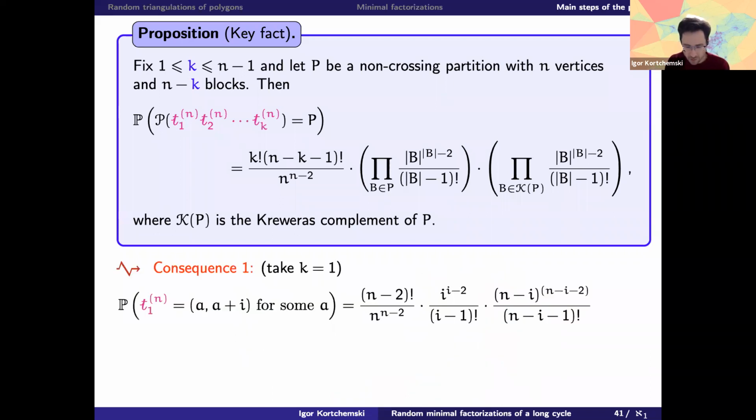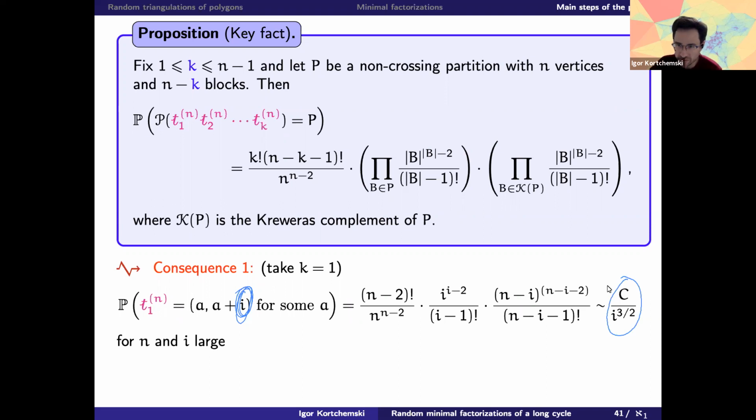Okay, and this result also allows us to understand why the phase transition is at square root n. Because by taking k equal 1, you get explicitly the law of the first transposition. And you can compute the probability that the size of the first transposition is i. So it's explicit. And when i and n are large, you get something like that.